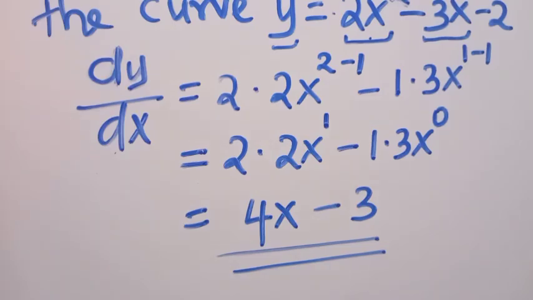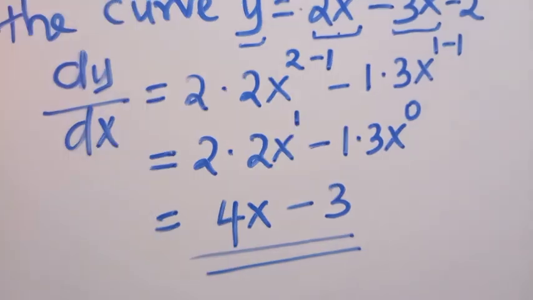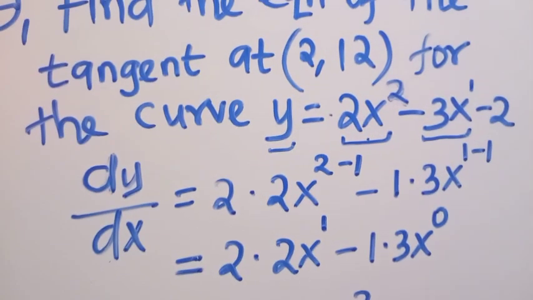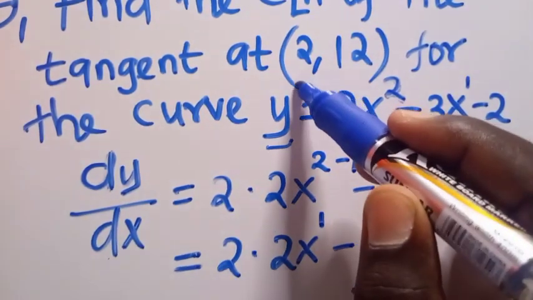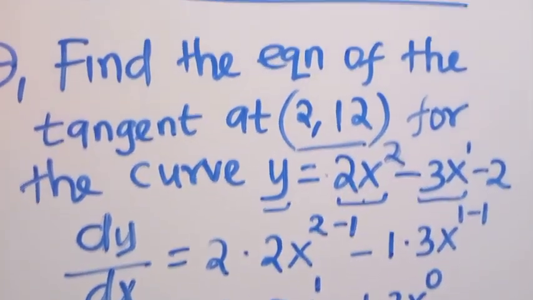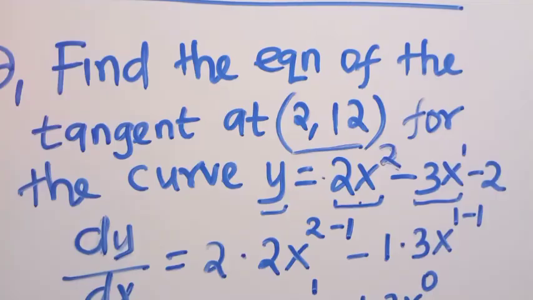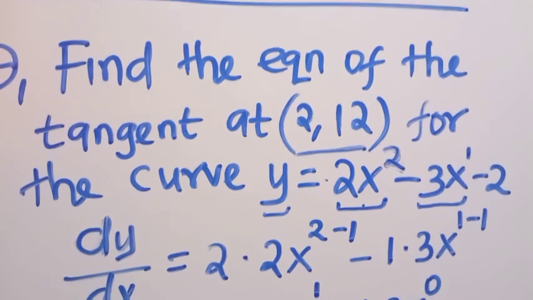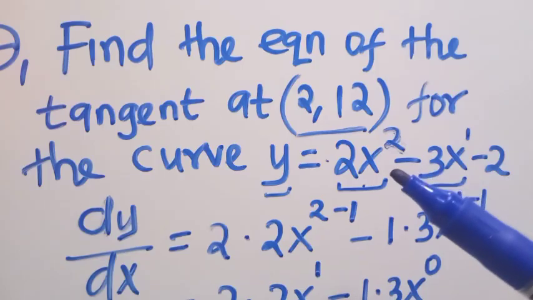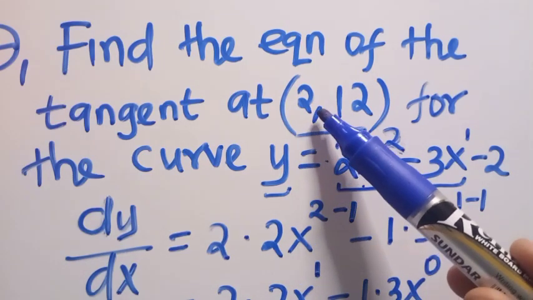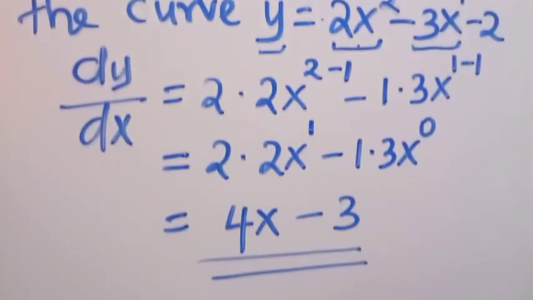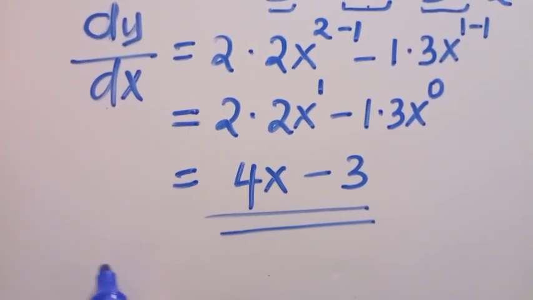Now, after obtaining the gradient function, we shall now find the gradient at this point, because this is a point which has the coordinates 2, 12. Now, we shall find the gradient of the curve at the point (2, 12).